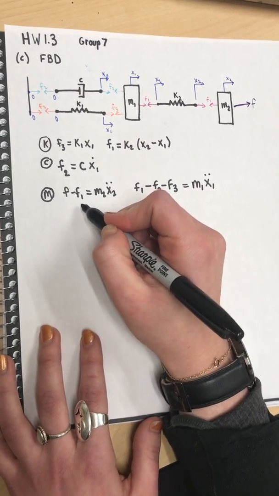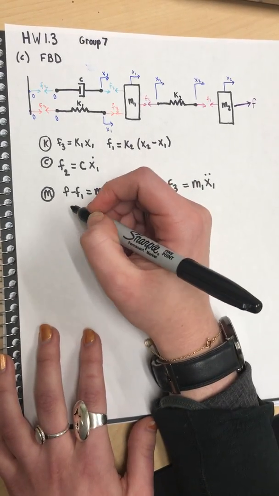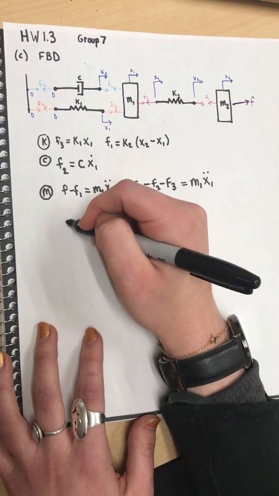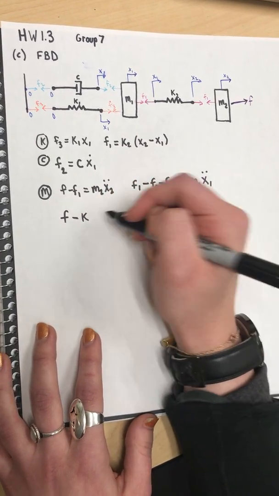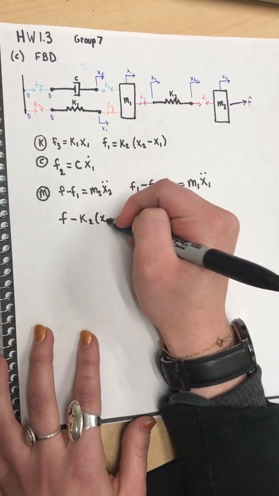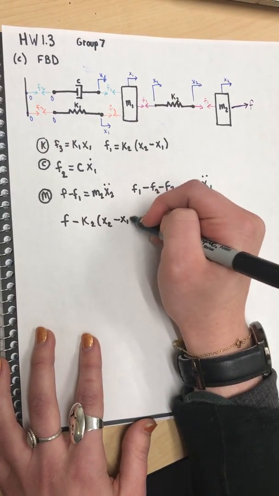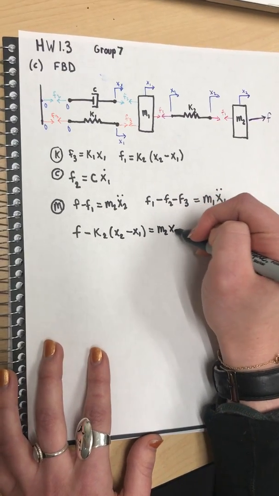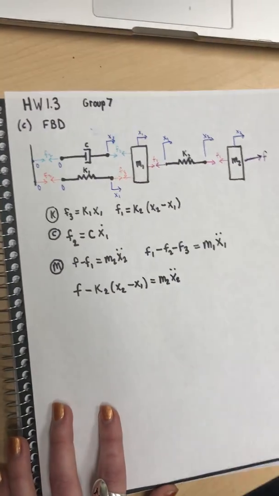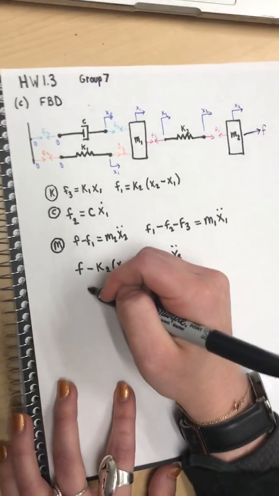So starting with this equation here, we're going to substitute in for F1. And then I'll simplify this to be in standard form.